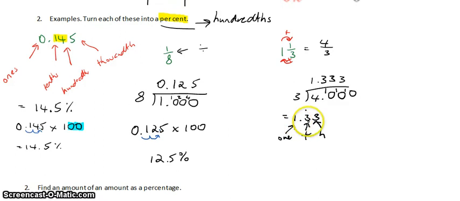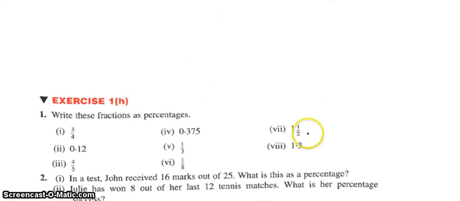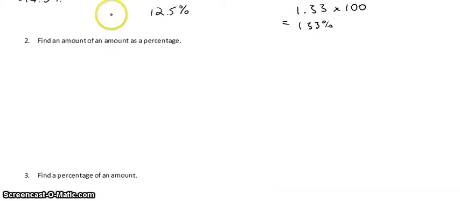So we don't just have 133 hundredths, we have 133%. Or alternatively, we know we times our decimal by 100 to turn it into a percent. Okay. Can you go ahead and finish these questions here? Stop the video and then start again in a minute.